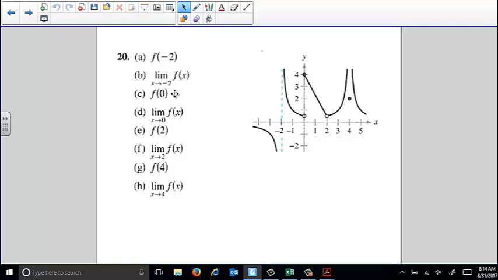Okay, Evan. What's the value of the function at x equals 0? 4. Yeah, so it's not equal to a half, it's equal to 4 because the dot's there. Okay, Mark, what is the limit as x approaches 0 of f of x? Yeah, does not exist.